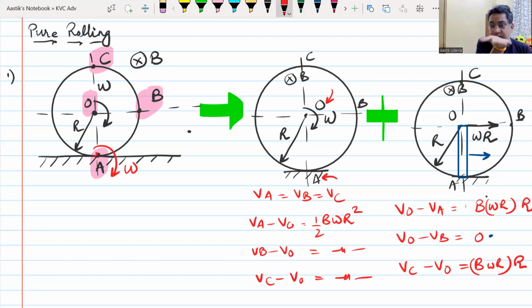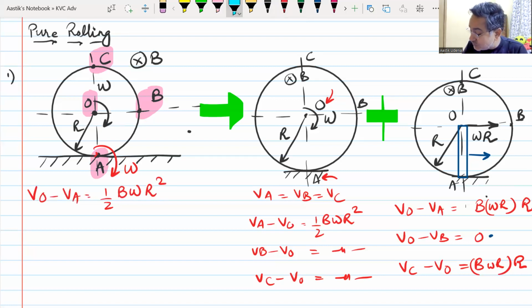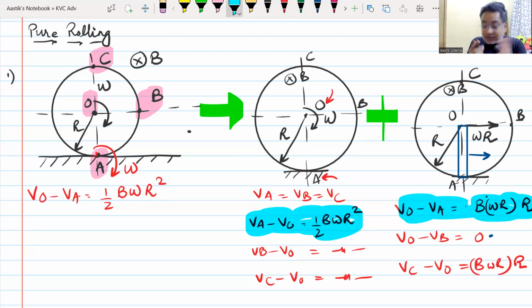V cross B, O will be at a higher potential and A will be at a lower potential. Yes or no? Yes, sir. VO minus VA will be equal to half into B into omega into R square. You look at these two results, and once you add these two results, you will get the same one. Do we understand this?